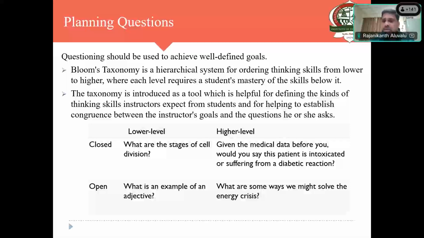The defined goals are nothing but the course outcomes. So please keep the course outcomes handy. Look at what exactly the course outcomes define. And when you are giving a question, see whether your question is mapped to the course outcome and covering all the aspects of the course outcome, as well as covering the level of learning that is defined by the course outcome.